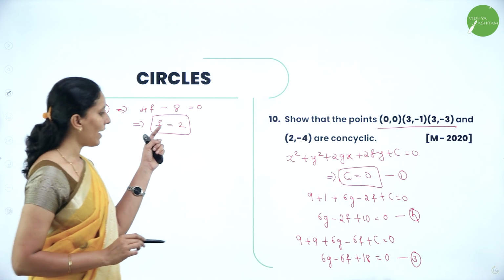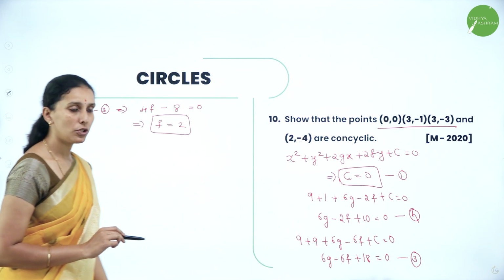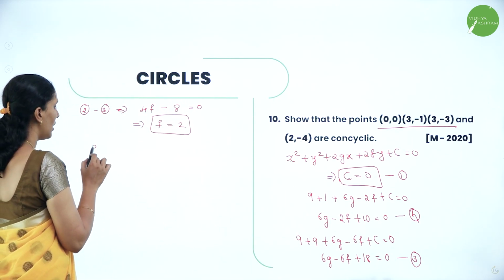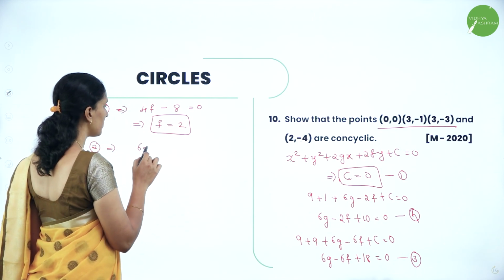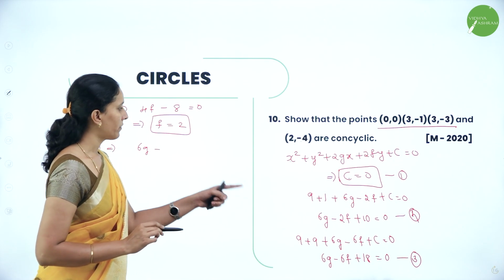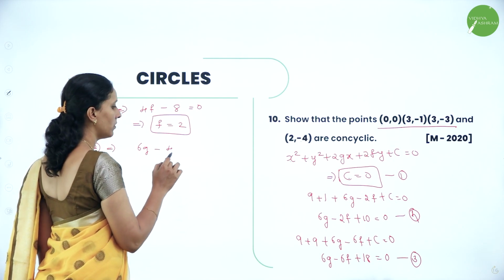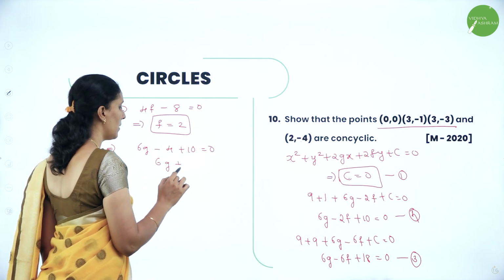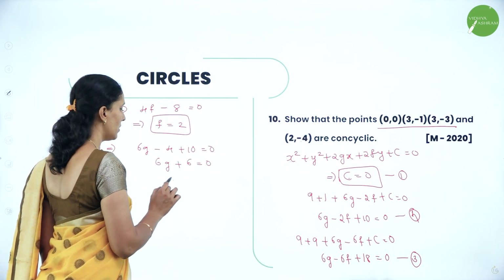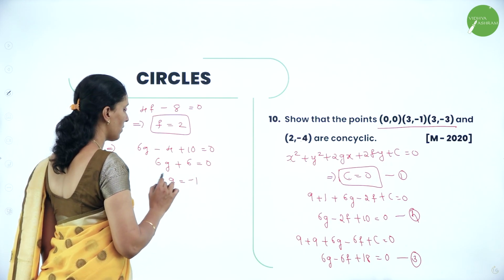Now substituting f is equal to 2 in equation 2 or 3, any one. Let me take equation 2 here. We have 6g minus 2f. So 2 2s are 4 plus 10 is equal to 0. So 6g plus 6 is equal to 0. G is equal to minus 1.